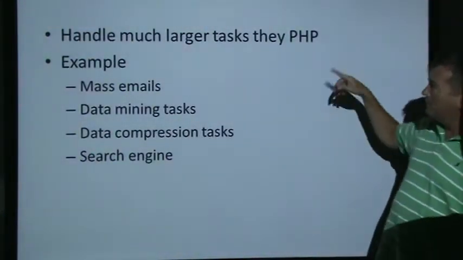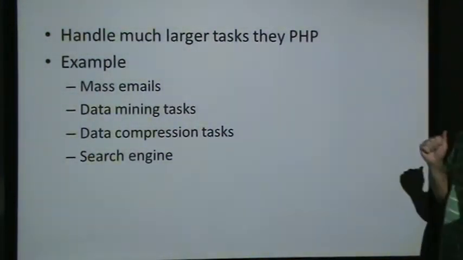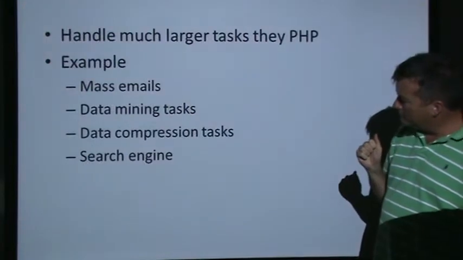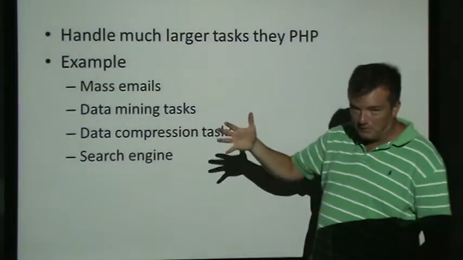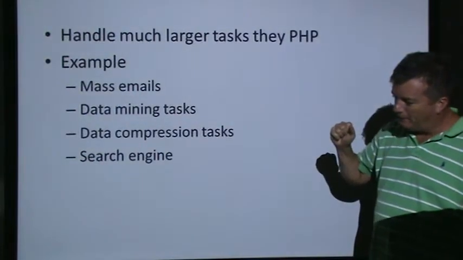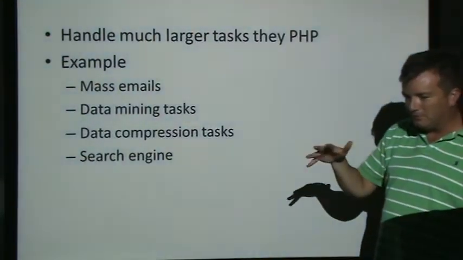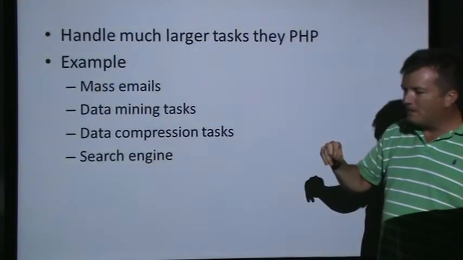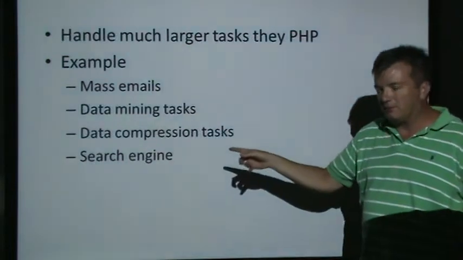And Perl can connect to a database just like PHP can, but it can do a lot of updates. For example, data mining: let's say you were like Facebook, and you have hundreds of millions of people, and a bunch of people just agreed to become friends with each other, and then you want to make suggestions. Well, if you're friends with this person, you might want to be friends with that person.